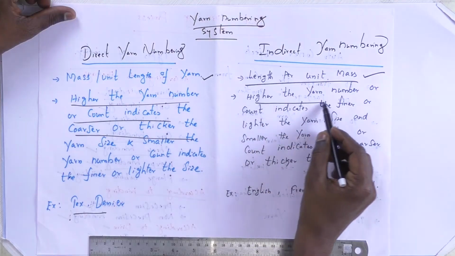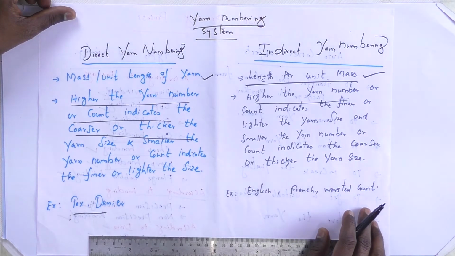What is indirect yarn numbering system? It works under the principle of length per unit mass. Here, the higher the yarn number or count, the finer or lighter the yarn.